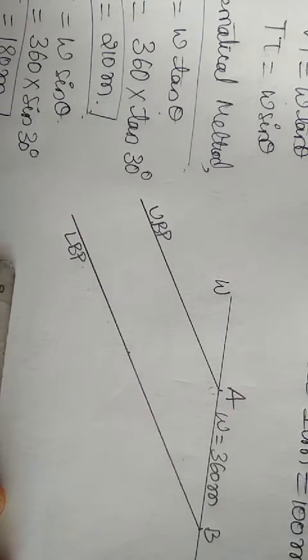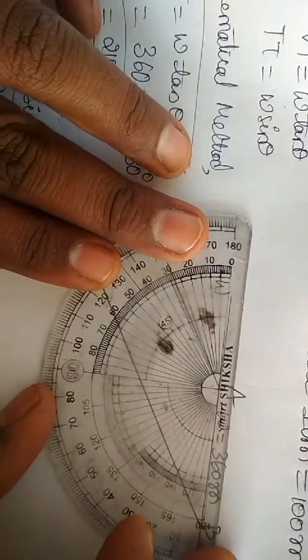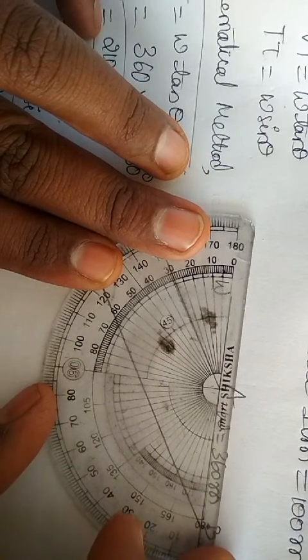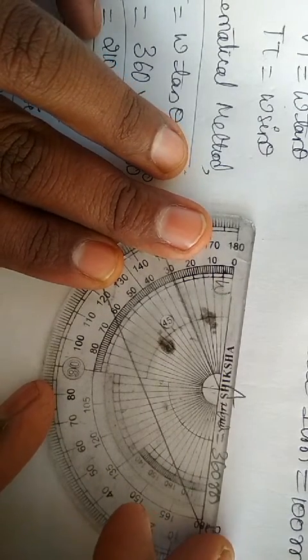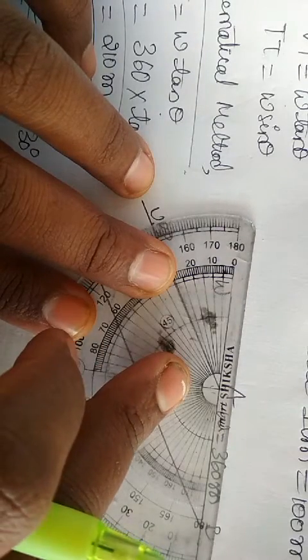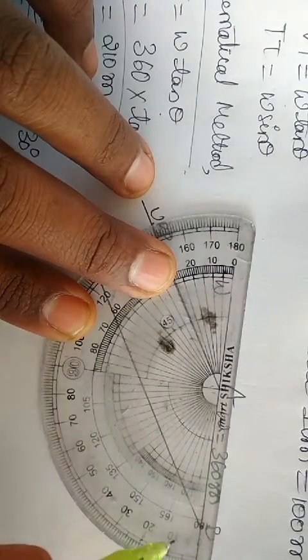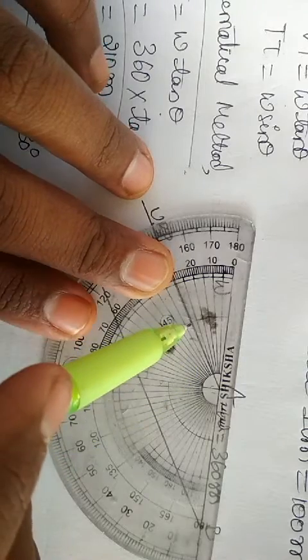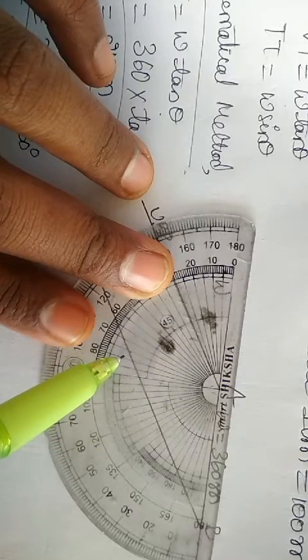Now we are interested in finding out the vertical thickness and the true thickness. In order to get the vertical thickness, keep the protractor on point A, where the upper bedding plane touches the lower bedding plane.